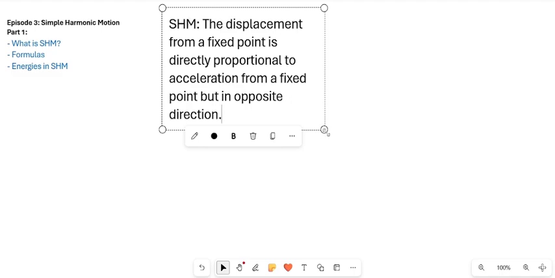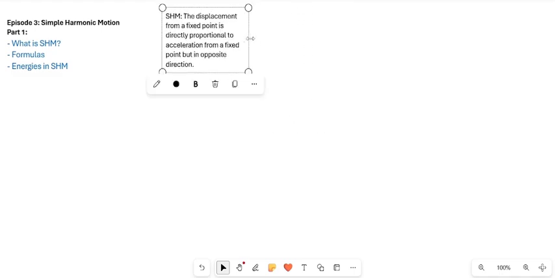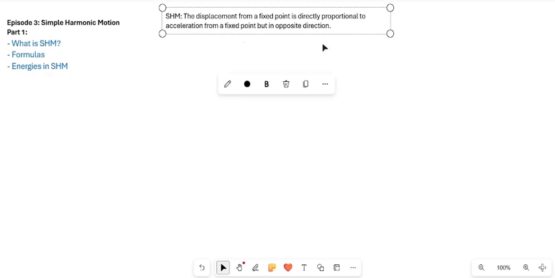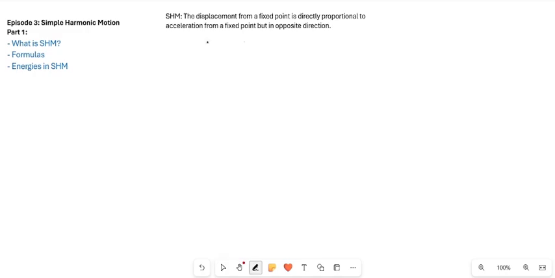Okay, so SHM, if anytime you see an object doing this, you should know that it's carrying out simple harmonic motion, that is to say, we know what displacement is.